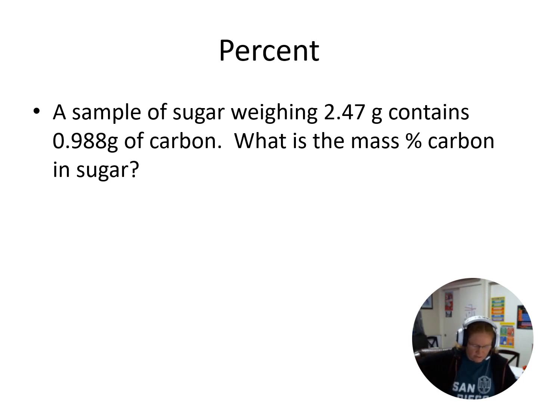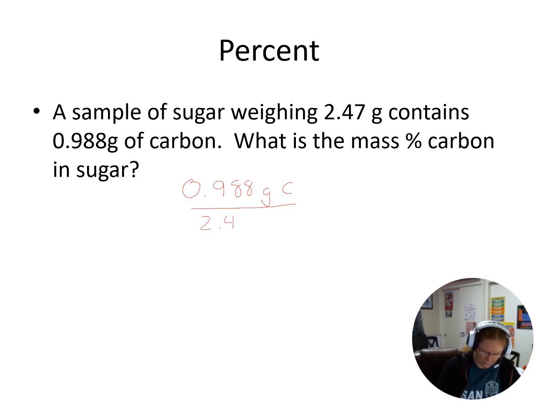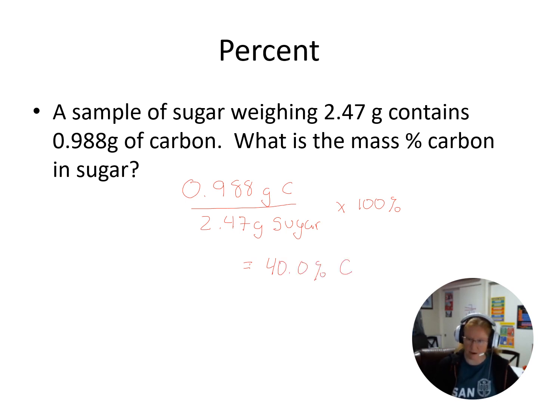So we have 0.988 grams of carbon in 2.47 grams of sugar, times our 100%, is going to give us 40% carbon. Okay, so very basic.